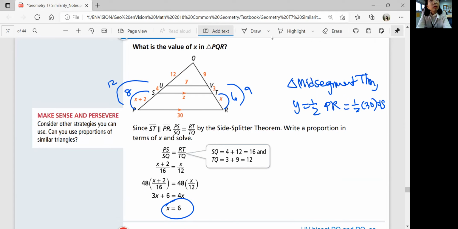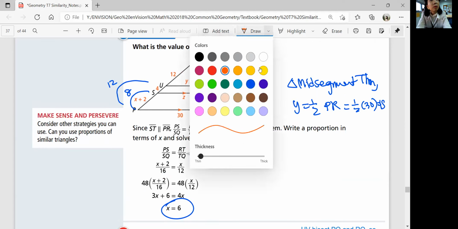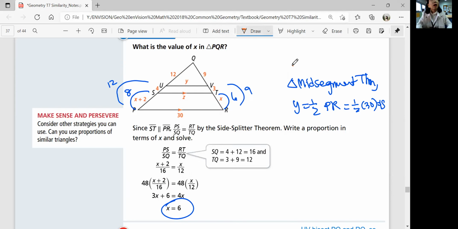So let's use the proportions to figure out Z. So ST over RP should equal QS over QP, since triangles QST and QPR are similar.